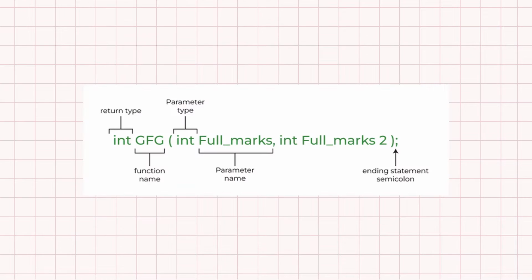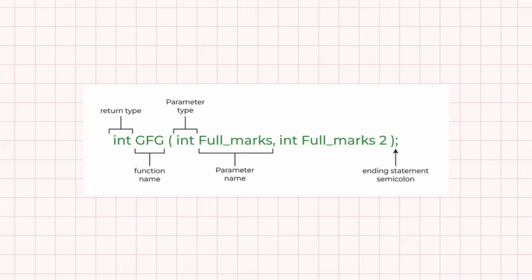Let's move to the next slide. This is all about the syntax of a function. First we write our return type. If it doesn't return any value, we use void. The second is the function name, which is the most important for identifying it among various functions. Then an open bracket, and it contains the parameters.